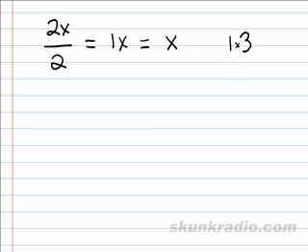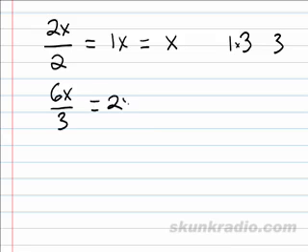But that doesn't make any sense because that's just the same thing as 3. So let's look at another example here. If we had 6x divided by 3, again, we can deal with these real numbers. 6 divided by 3 is 2. So we just say 2x.